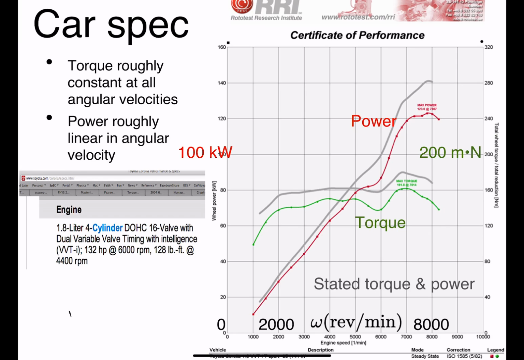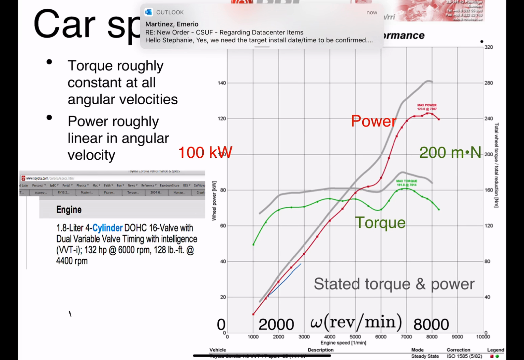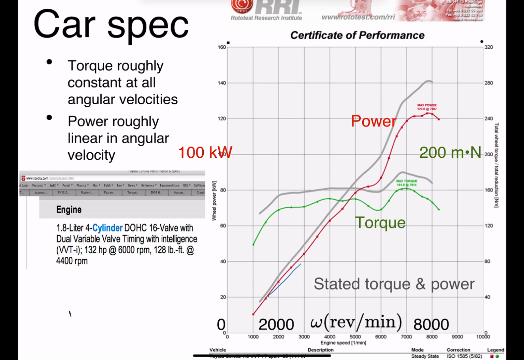If you look at the chart here, power is increasing as the revolution goes up. Power is torque times omega, whereas torque stays constant at all angular velocities.